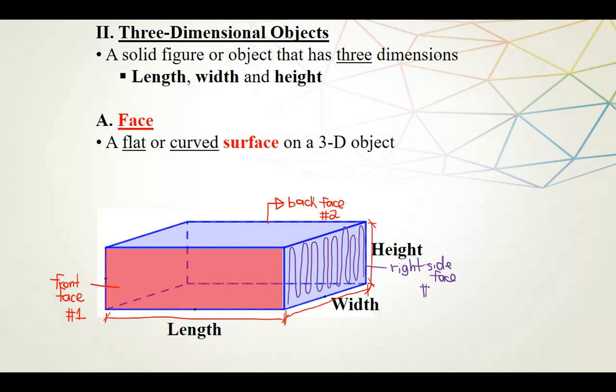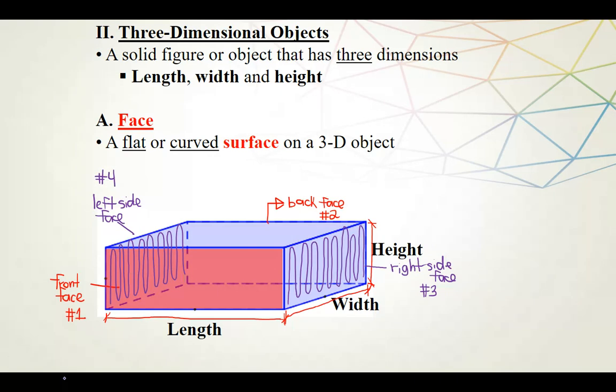And this would be face number 3. We also have another face on the opposite side. So I'll shade in this one. That would be referred to as my left side face. So now we have 4 faces.